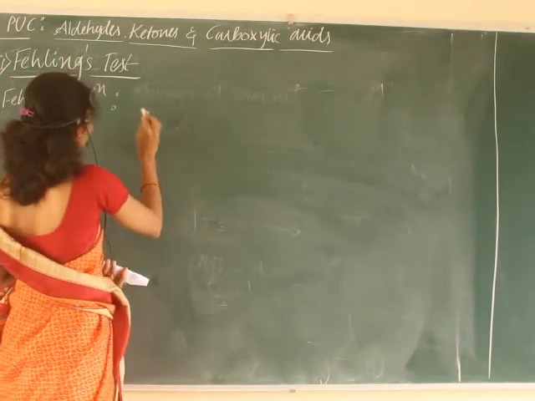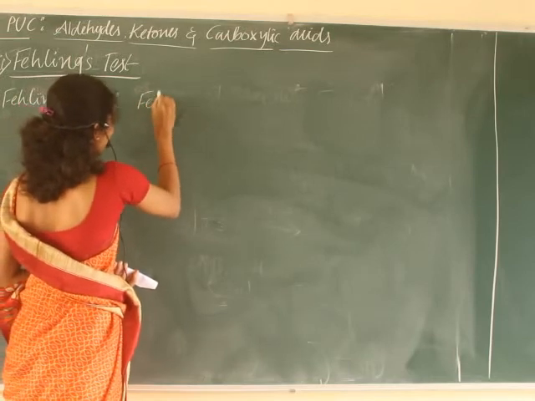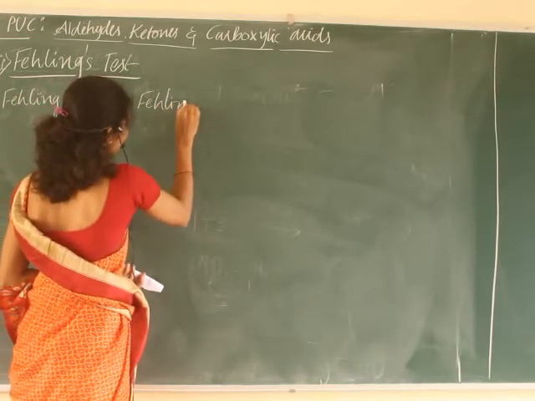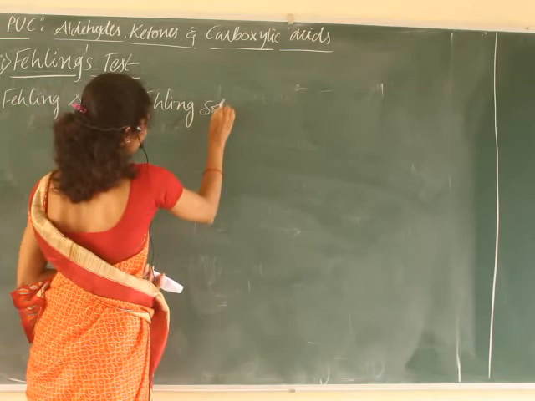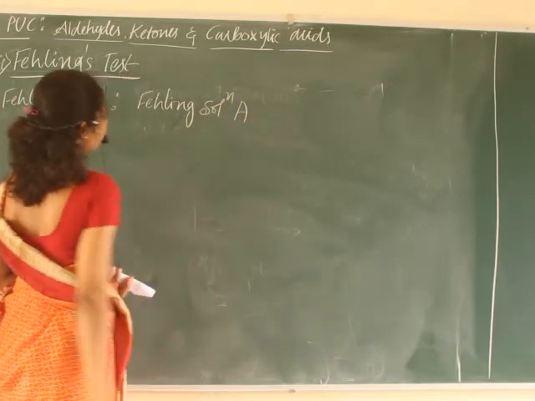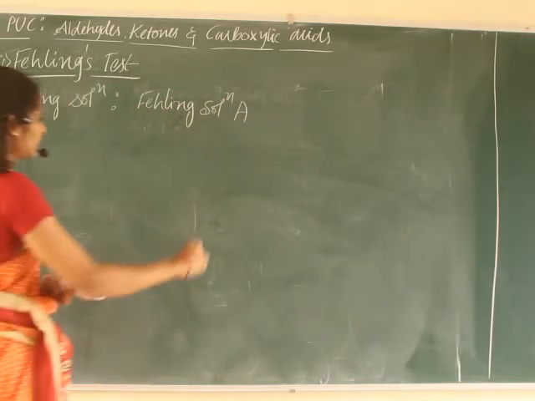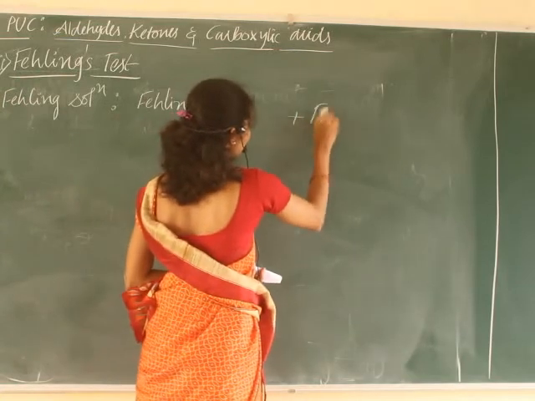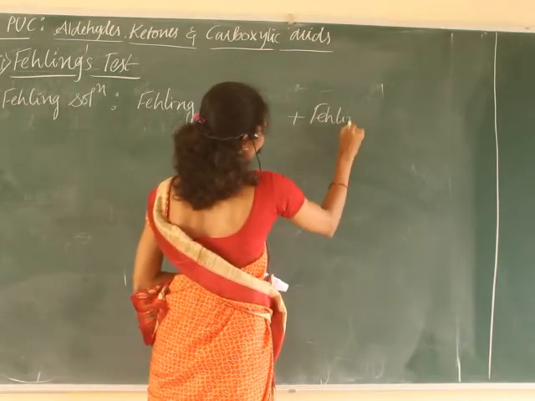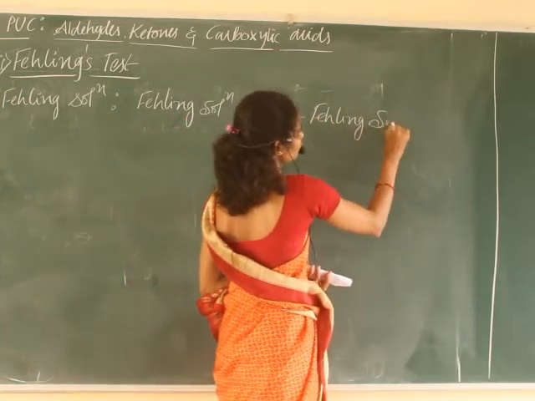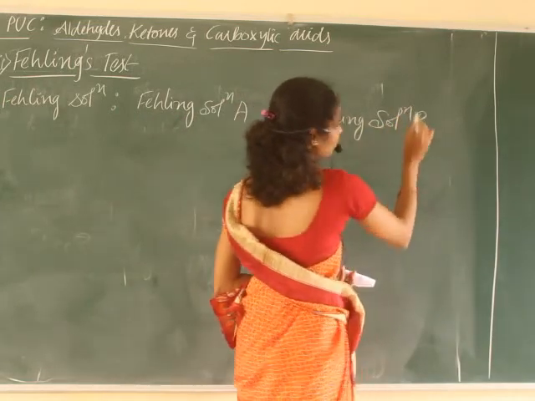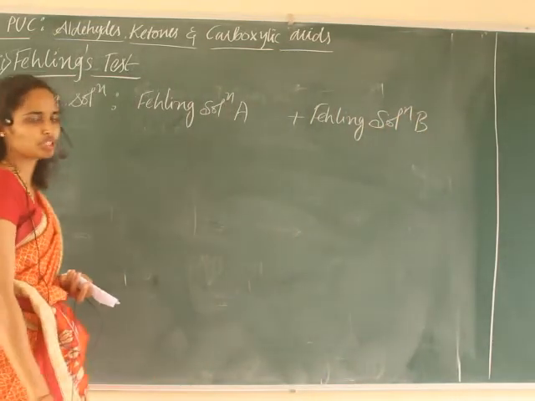It is a mixture of two solutions, that is Fehling's solution A and Fehling's solution B.